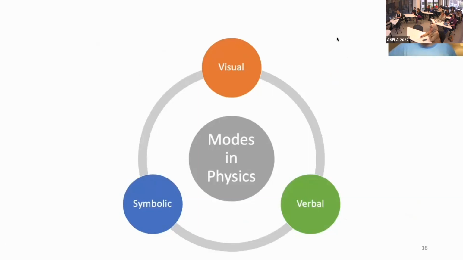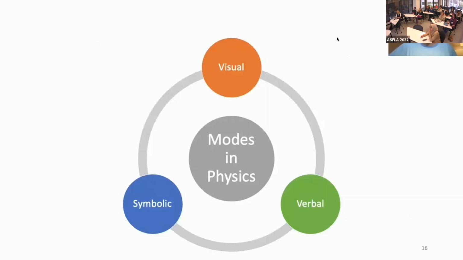There are three modes in physics: visual, symbolic, and verbal. Graphs and diagrams are used to represent physical status and processes visually so that elements and their relationships to each other can be interpreted as a whole system, topologically, and thus in relatively straightforward ways.